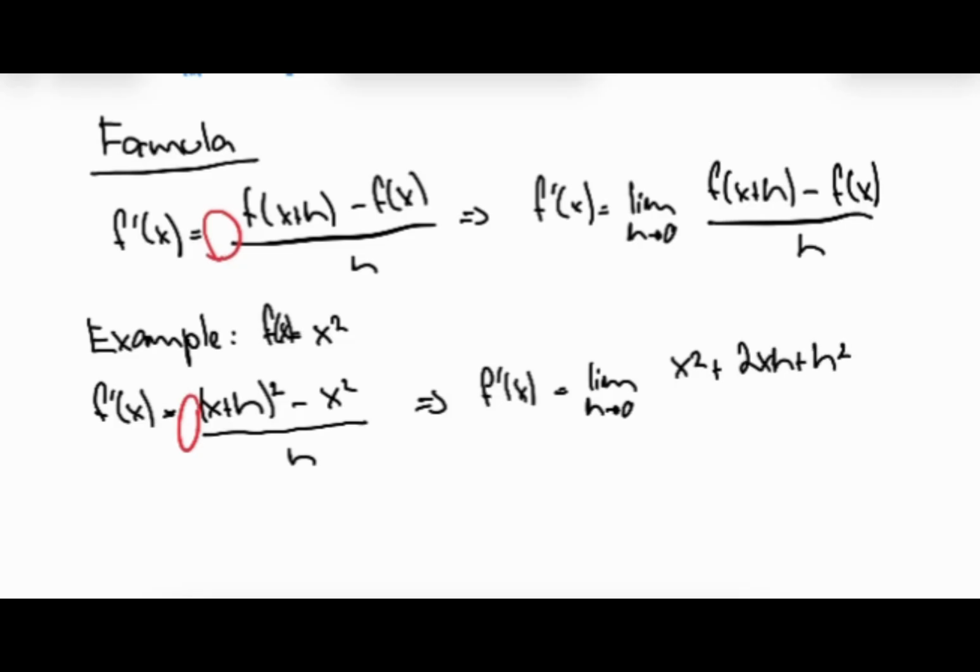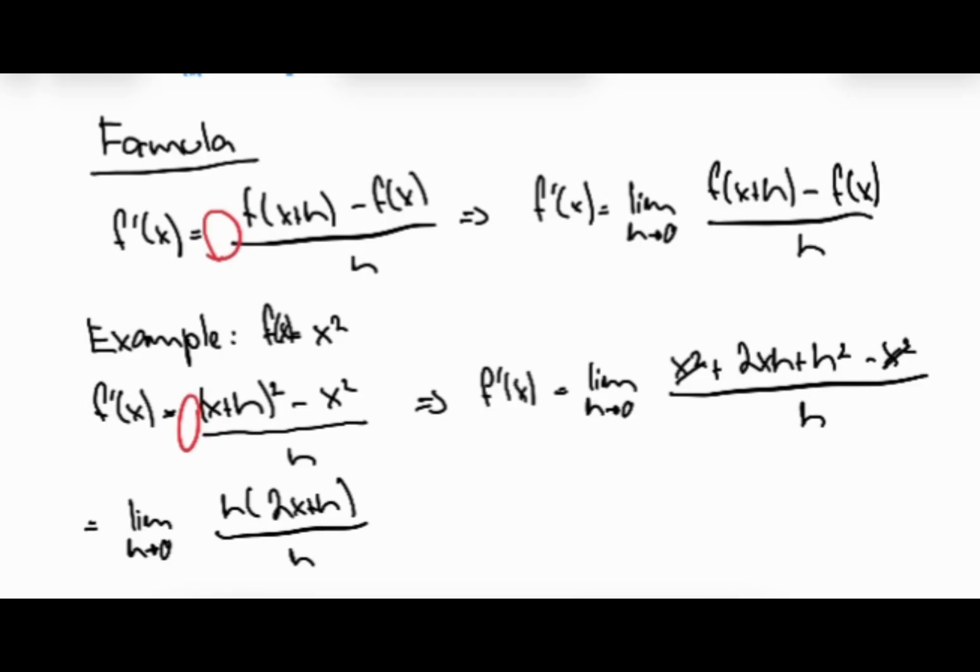Here we can use the binomial theorem, and then further on we can factorize out an h. Then we're left with 2x as h approaches 0. So 2x is the solution for this example.